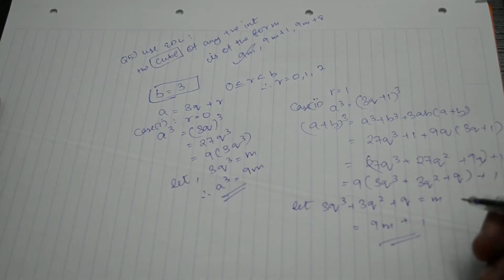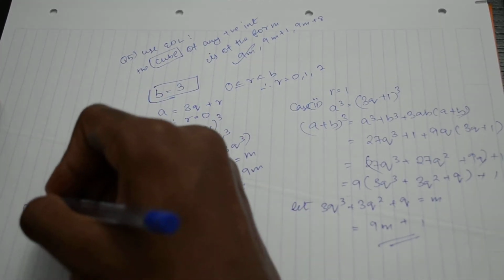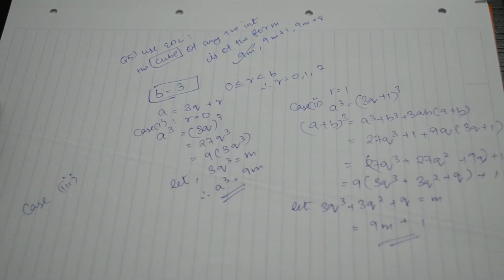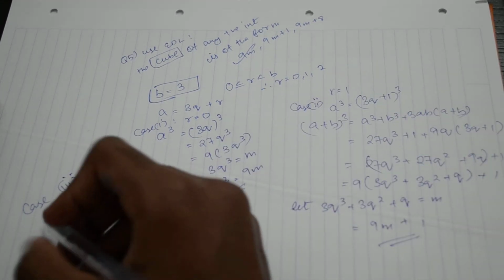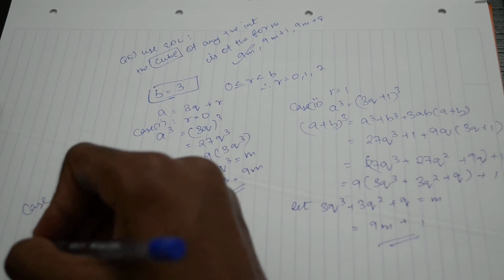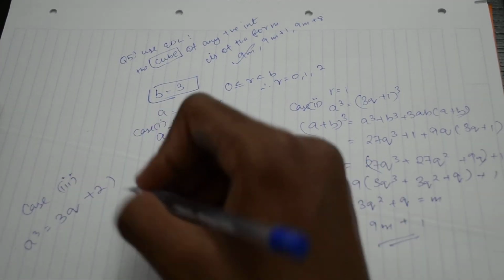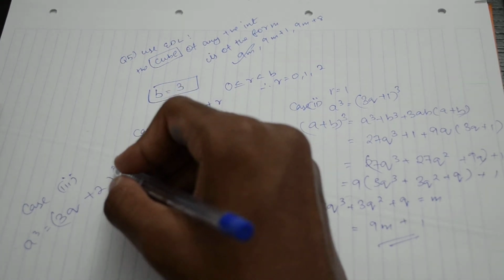Now similarly, in case 3, a cube is equal to 3q plus 2 the whole cube.